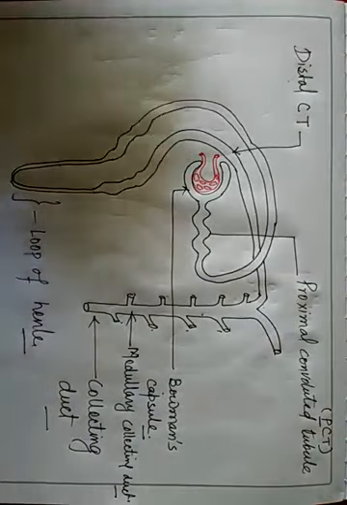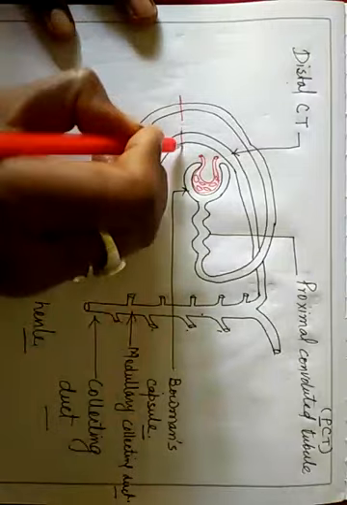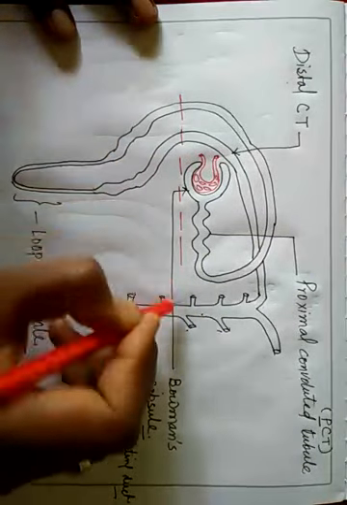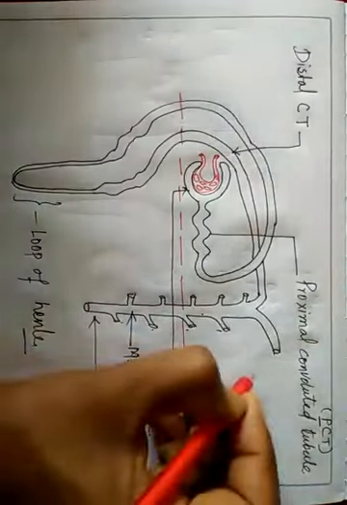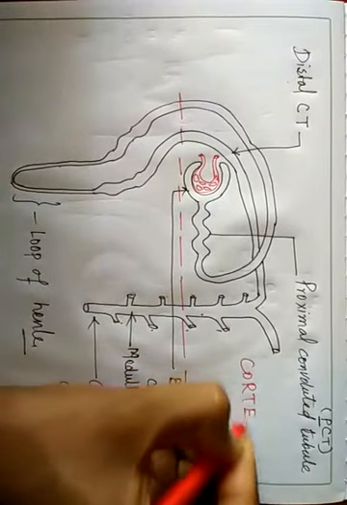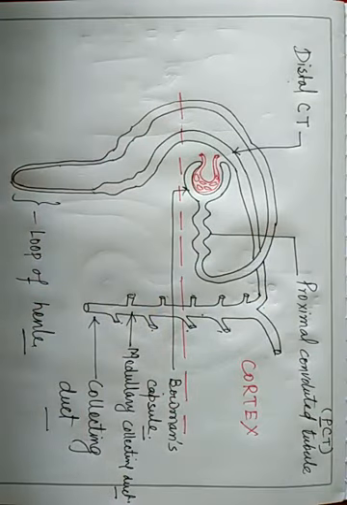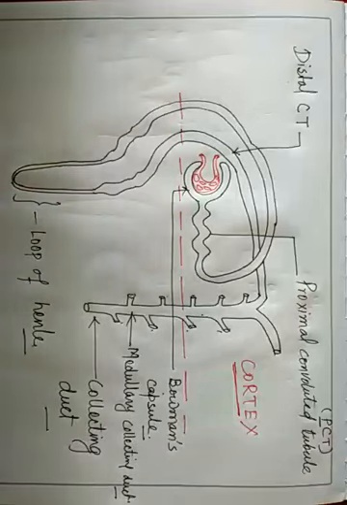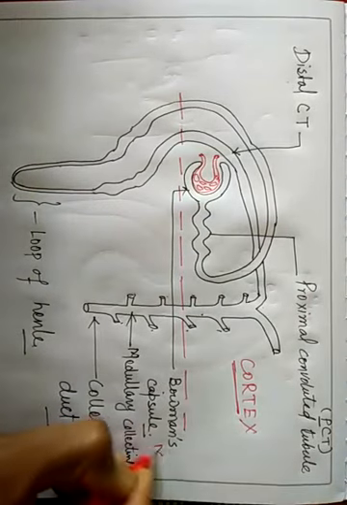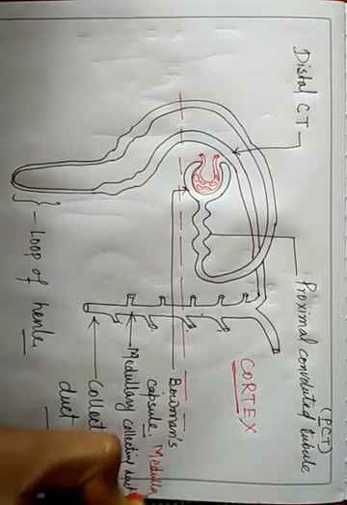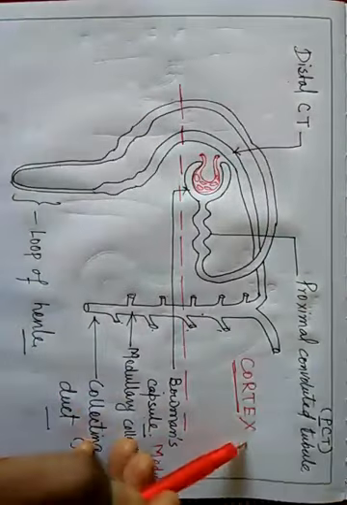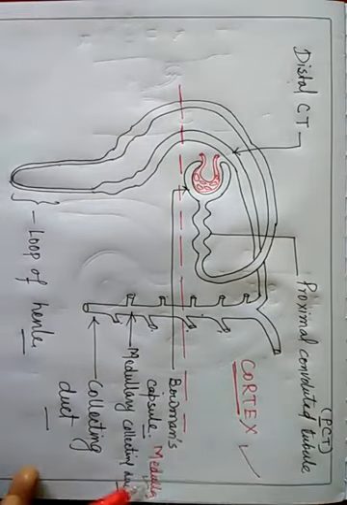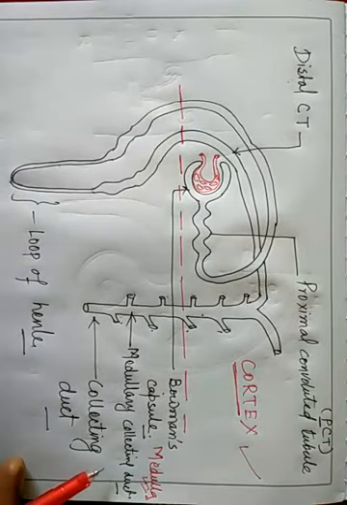And after that I will divide this nephron in two parts with a red dotted line, because some part of the nephron is present in the cortex region of the kidney and some part is present in the medulla region. That's why I have bifurcated this nephron in two parts. First part is present in the cortex, rest is present in the medulla, isn't it?